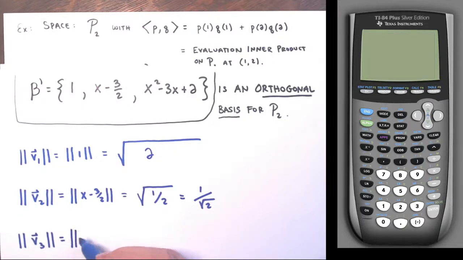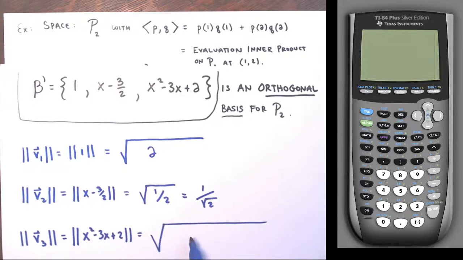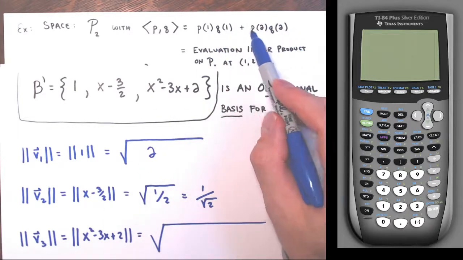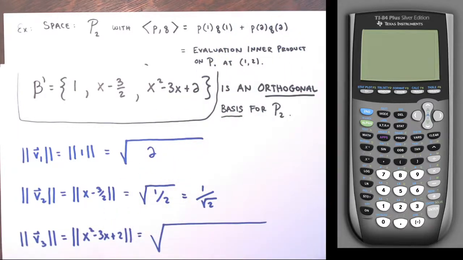That's the norm of this x squared minus 3x plus 2 polynomial. So again, this is the square root of the inner product of this polynomial with itself. So the value of this polynomial at 1 squared plus the value of this polynomial at 2 squared. The value of this polynomial at 1 is 1 minus 3, that's negative 2, plus 2 is 0.